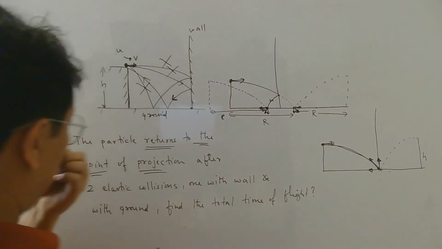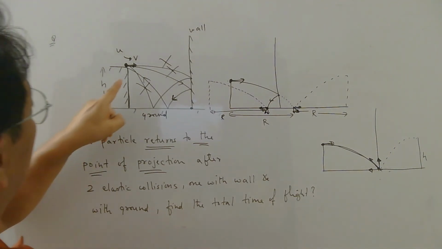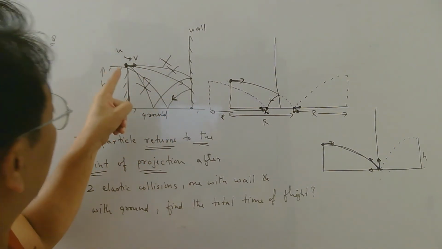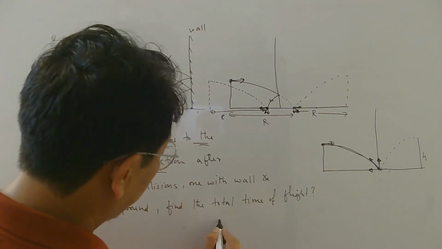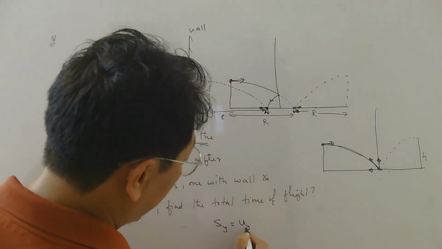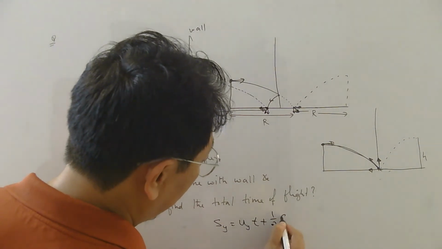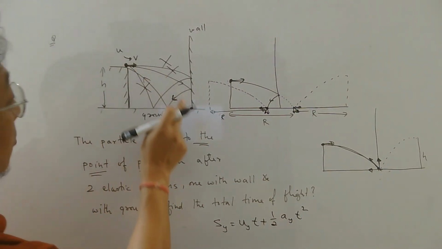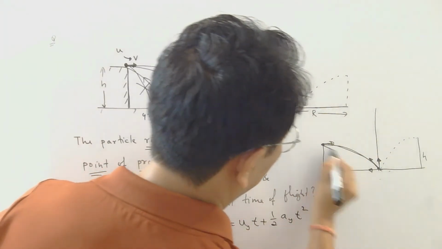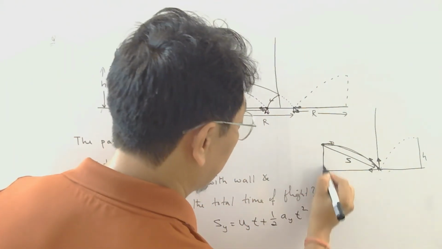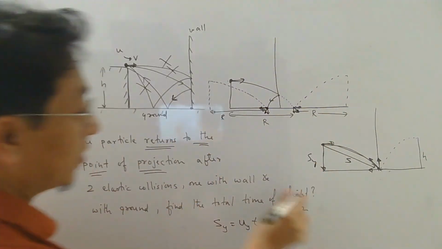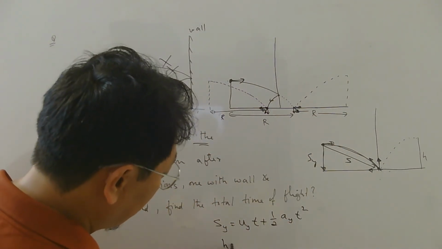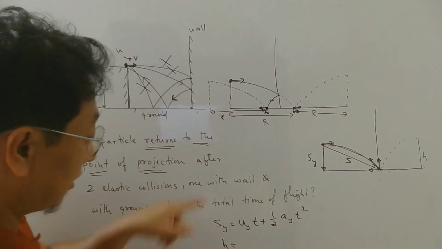Now the time taken for the complete journey will be the time taken from here to here plus the time taken from here to here. And for the time taken from here to here, we can use the formula Sy equals uy t plus half ay t square. From here to here, this path is your actual displacement. This is the y component of displacement downwards, so the y component of displacement is this h. Down we will take positive h. It is going down, right?